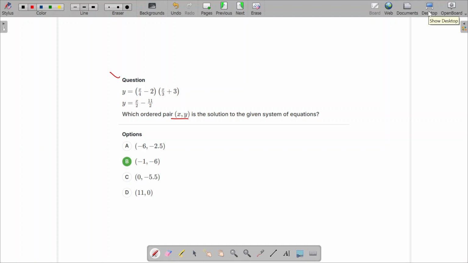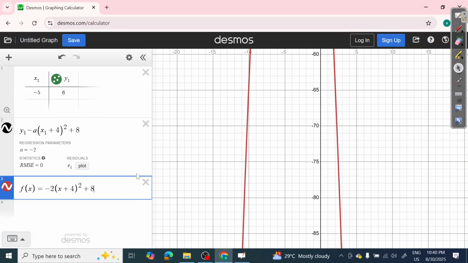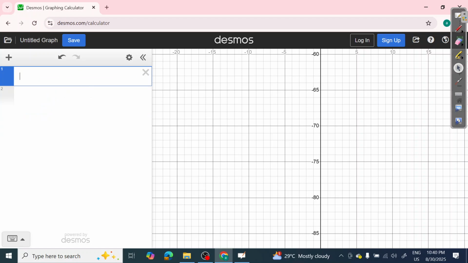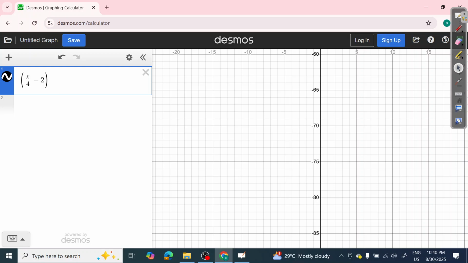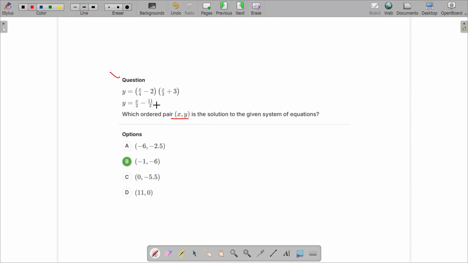X by 4 minus 2, and then we have x by 3 plus 3. Practice Desmos. I'll tell you one more hack about Desmos at the end. Let me finish this once.